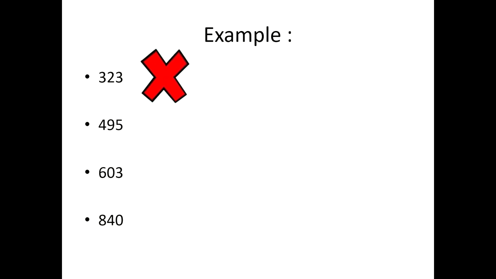Next we have 495. Let's see. We will add all the digits together. I'll give you time to answer this one. If you need extra time, you can also pause the video.